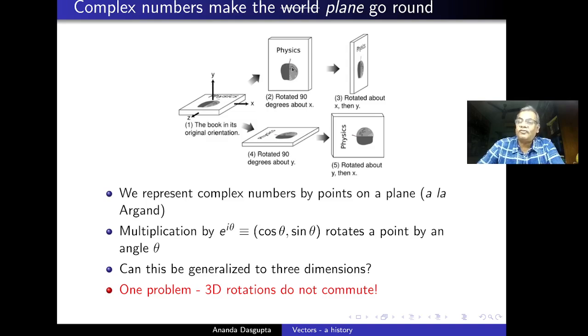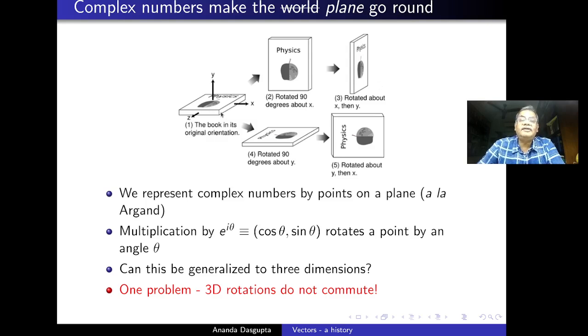That is, first about x by 90 degrees, then about y through an angle of 90 degrees. Remember, this is the y-axis, the vertical one. When you turn this book about this vertical axis through 90 degrees, it ends up looking like this. So first a 90 degree rotation about x, then a 90 degree rotation about y takes the book from this position to this final position.